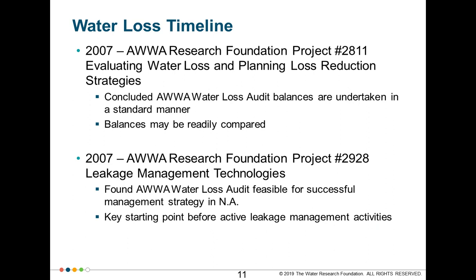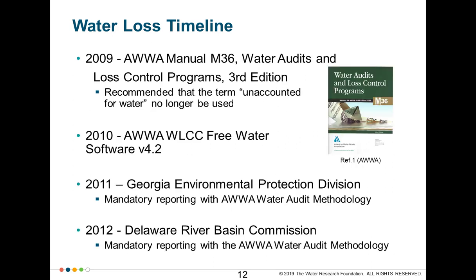Also in 2007, another research project, 2928, was published and found that the methodology is very applicable for the management strategies throughout North America. And before we begin active leakage control, we need to do the water audit methodology first to break out the direction we need to go.